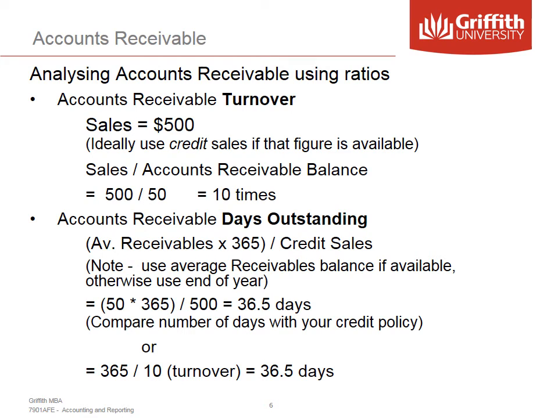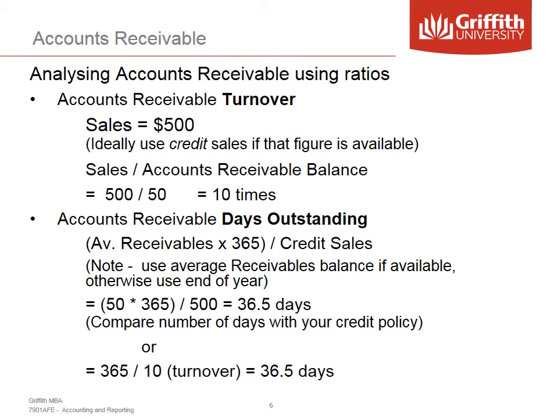Now think about this. If you're offering 30 days credit, then logically you'd expect to be turning over your accounts receivable ledger 12 times a year. That's 12 times in 365 days. Let's look at it here in this example. We're selling $500. Now ideally you'd use the credit sales figure, but if that's not available, you have to use total sales.